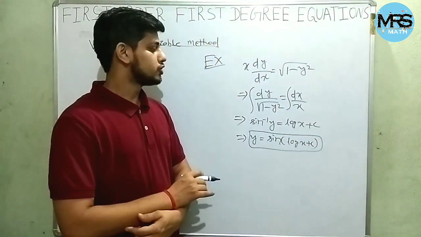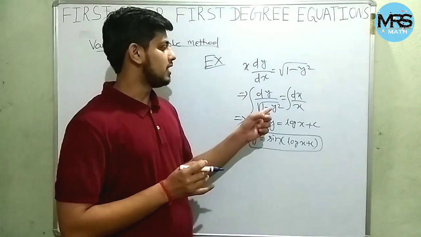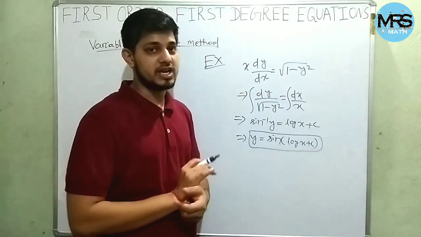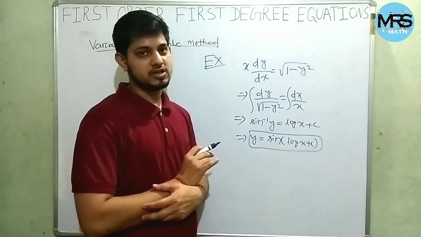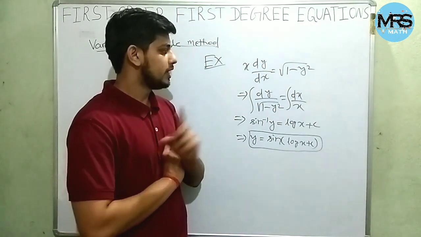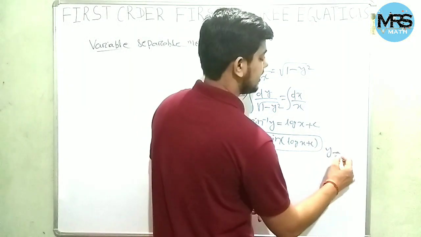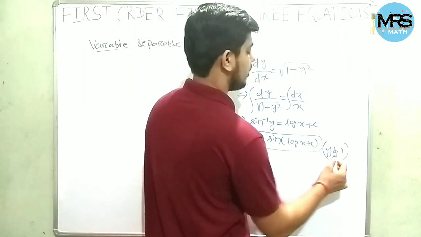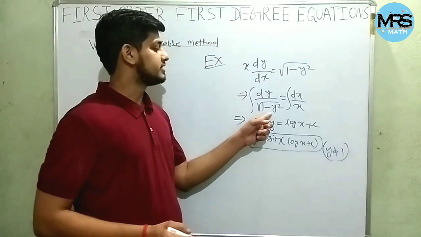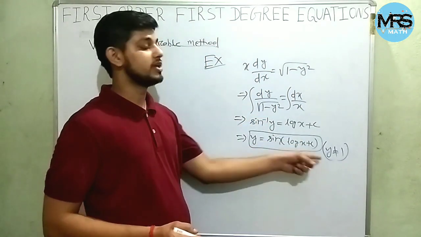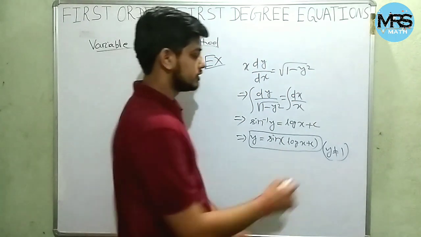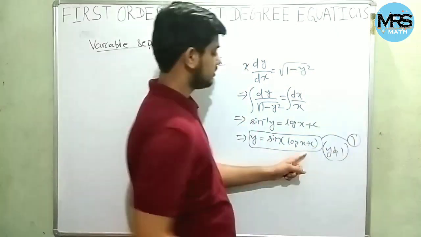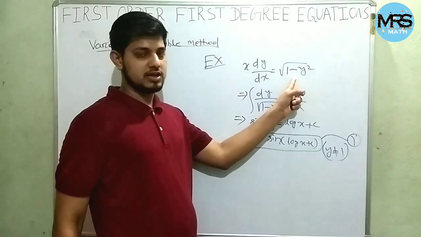Okay students, so here you can see while separating these variables, we have divided by root over of 1 minus y square, right? So here we can assume that y not equal to 1, because in this case the denominator 1 minus y square is there. So this is our general solution for this differential equation.